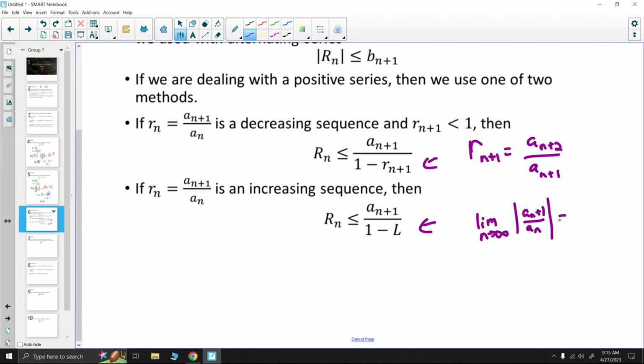That's what that equaled. All right, so we need to see whether these are increasing or decreasing sequences, but otherwise we just plug it into this formula and see.